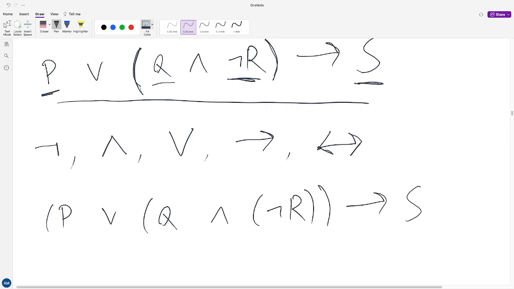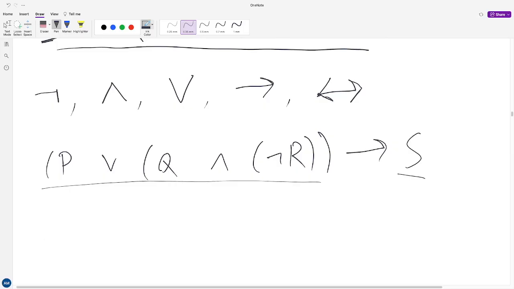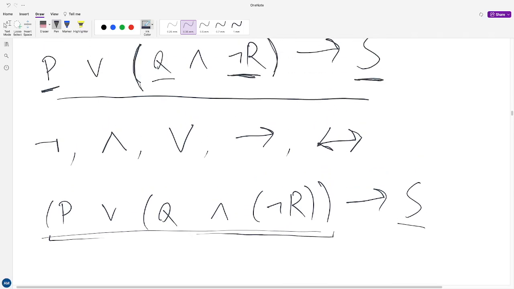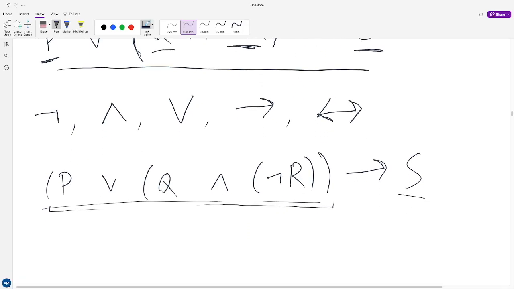So this implication comes last, right? We have this whole thing implies S, and then within this first big statement, we have... what was I saying?